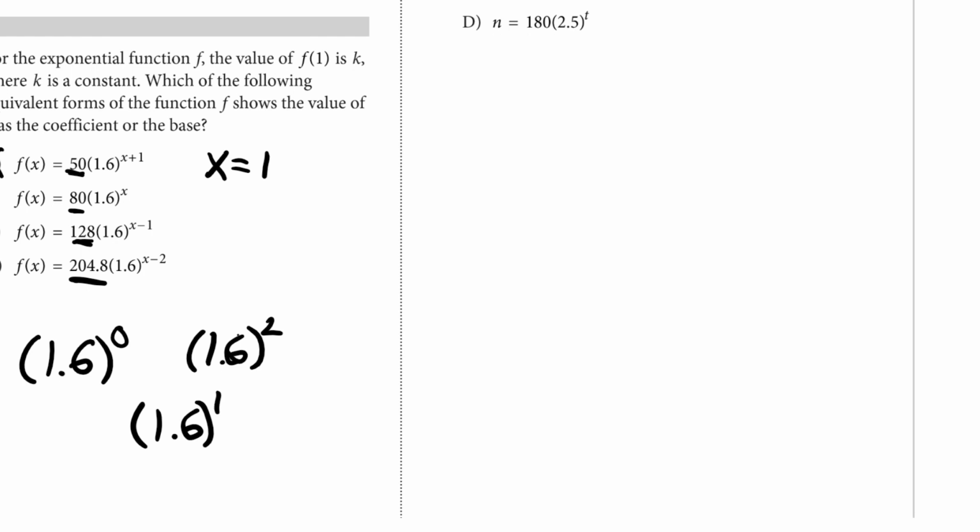Can't be B. For C, we'll plug in 1.6 to the power of x minus 1, which is 1 minus 1, which is 0. And this is what we're looking for. 1.6 to the power of 0 is just 1. And when we plug in 1 for x, we end up with the number in front.